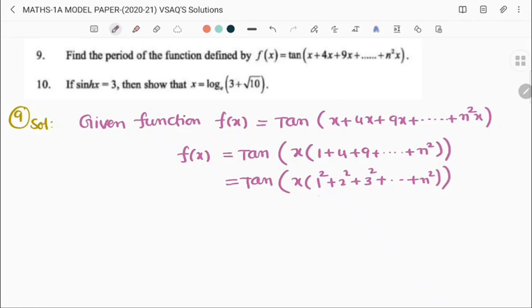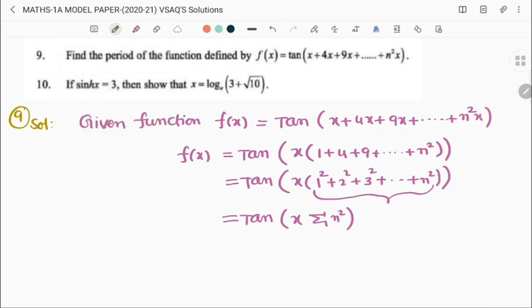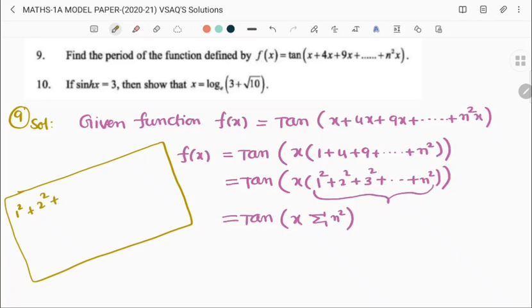We know the sum of the squares of the first n terms is the value in this bracket. So tan of x into sigma n square. What is the formula for sigma n square? Here I will mention. One square plus 2 square plus 3 square plus and so on plus n square, that is equal to sigma n square.